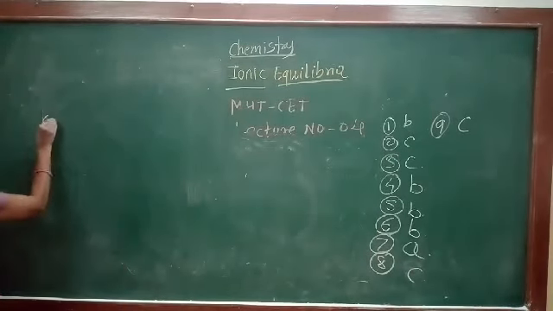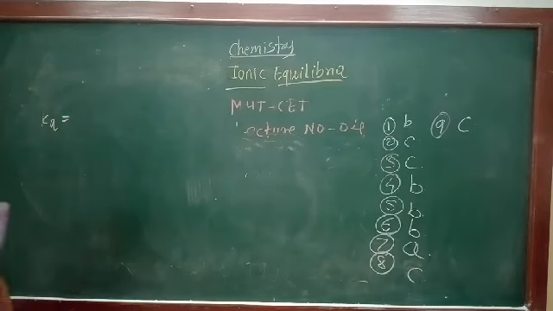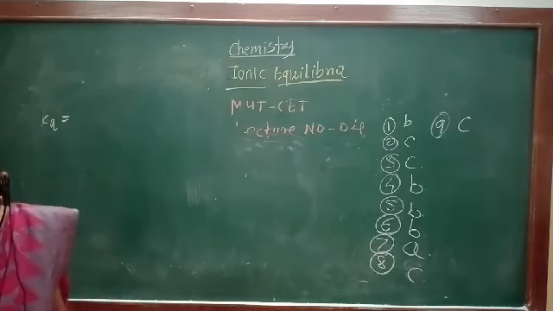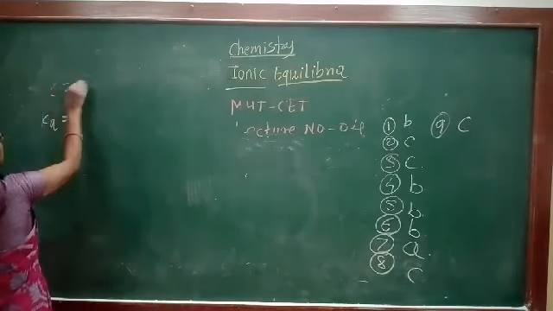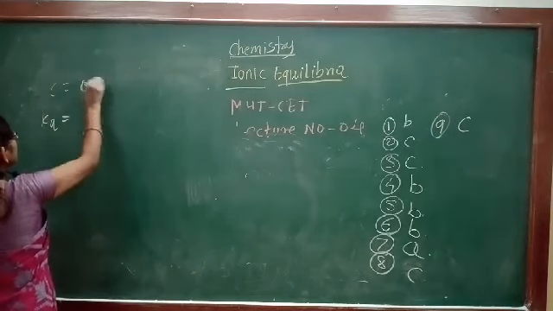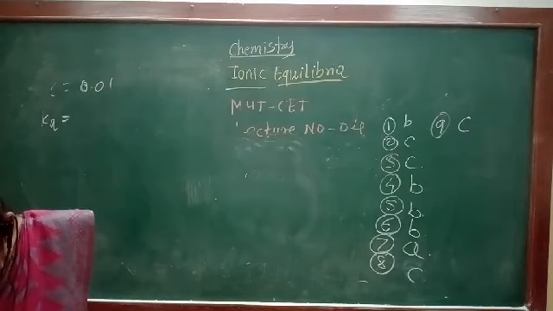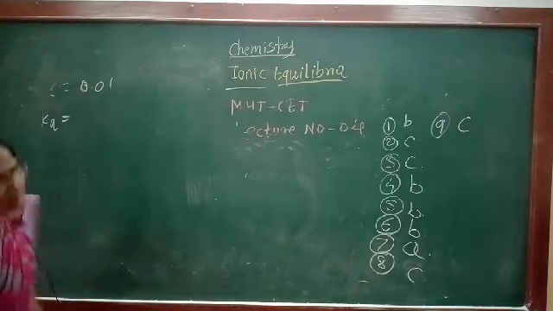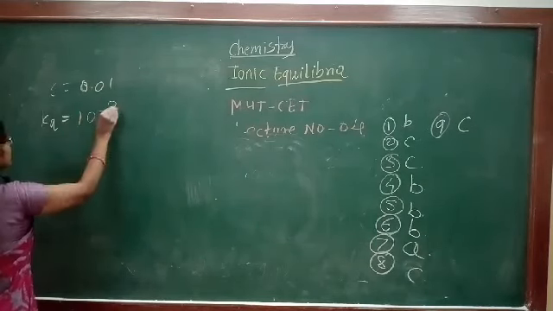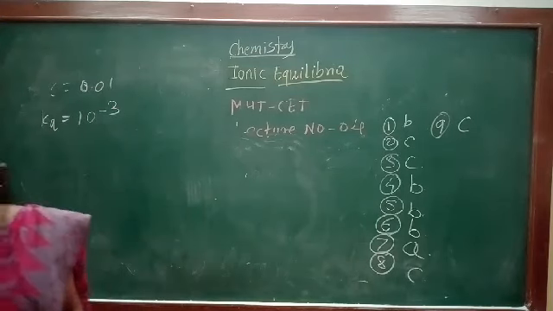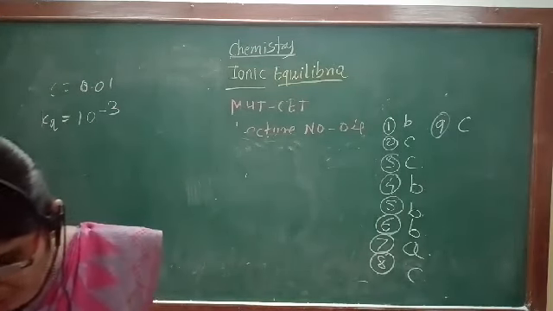Here we have given a Ka. The concentration is 0.01 and K is given as 10 raised to minus 3. Then what is its pH?